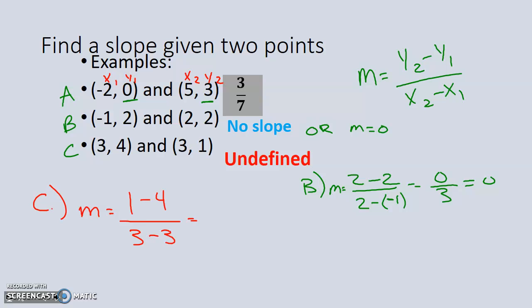Well, 1 minus 4 gives me a negative 3. That's okay. I can have a negative 3. But the 3 minus my 3 gives me a 0. So in the case of B, 0 over my 3 here, that gives me a 0. But try in your calculators what a negative 3 divided by a 0 gives you. You probably got an error sign. That's telling me undefined.